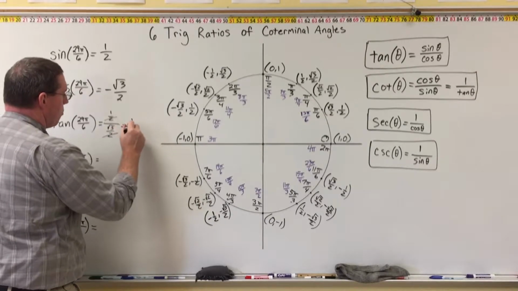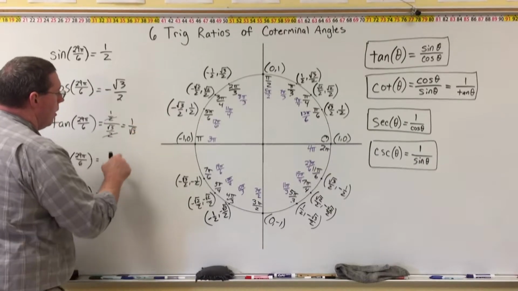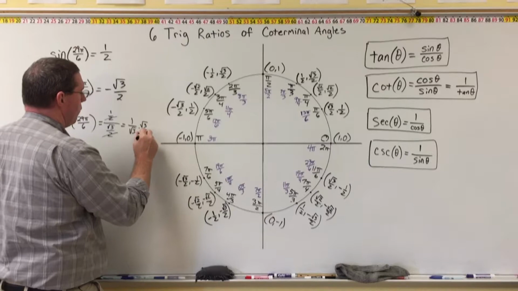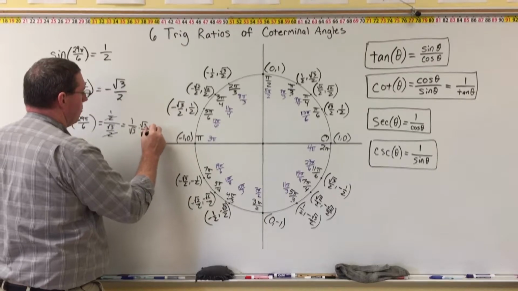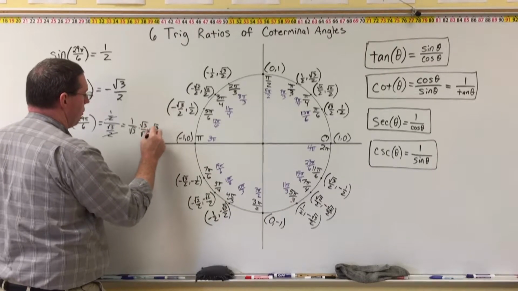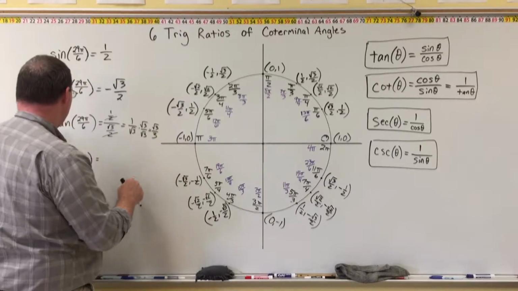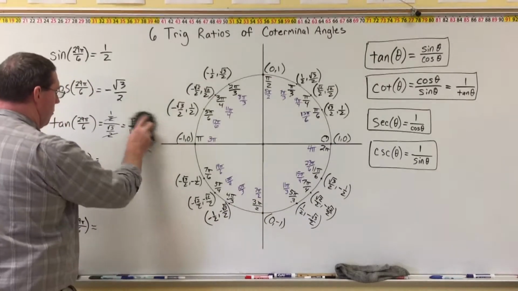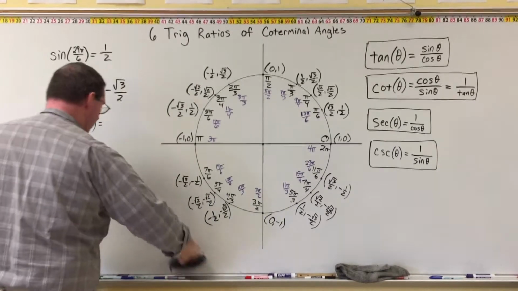And so what we now have is 1 over the square root of 3, but we want to rationalize the denominator, so we're going to multiply by square root of 3 over square root of 3, and we ultimately get the square root of 3 over 3. And so that is the tangent of 29 pi over 6. So square root of 3 over 3.